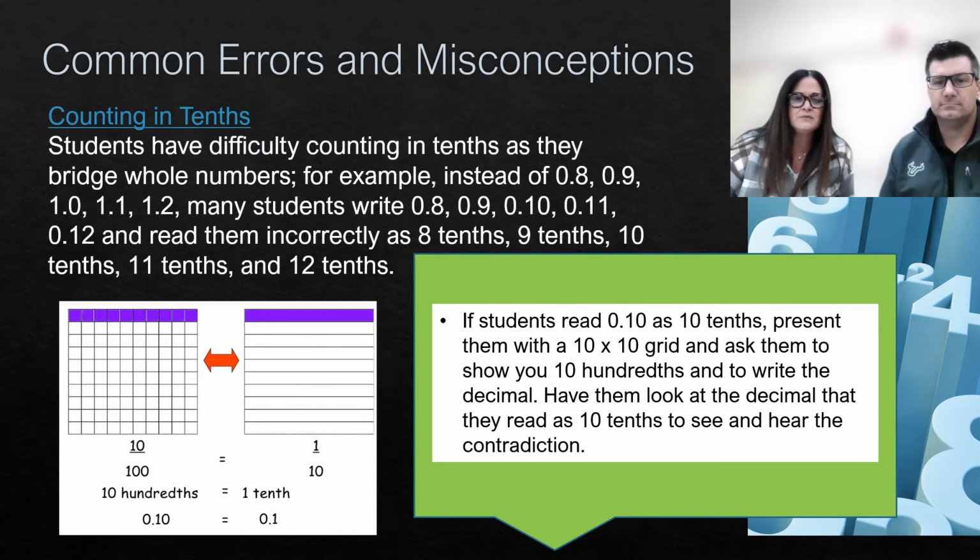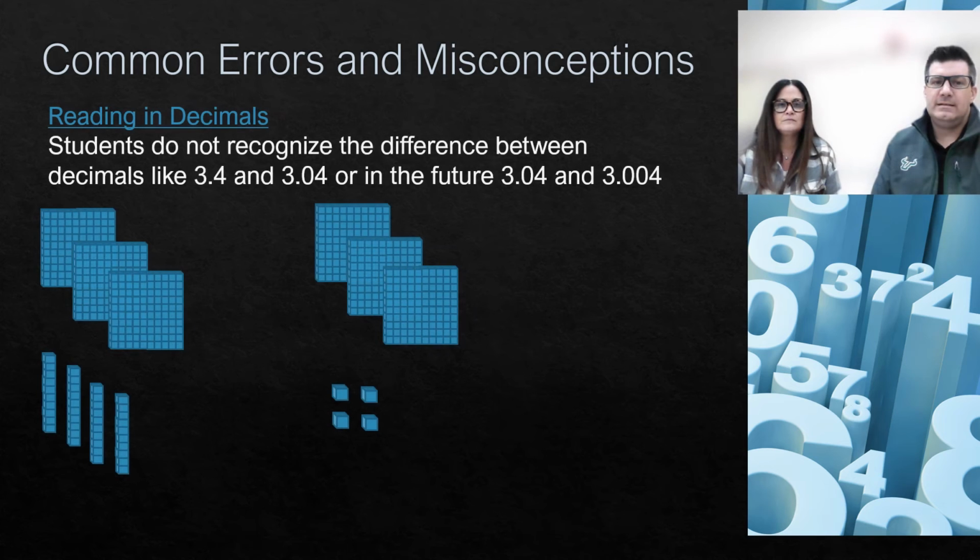So to address this misconception, it is strongly encouraged to have them look at the decimal built on a hundredths grid so that they can compare and see the contradiction between the two. It's almost like regrouping. When I have 10 ones, that makes a 10. I'm now switching my place value. Models, models, models.